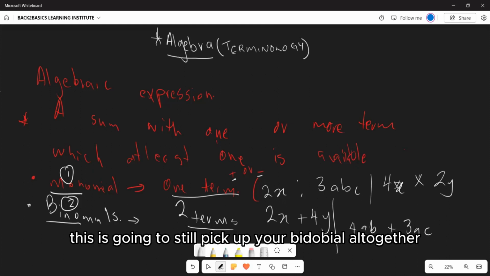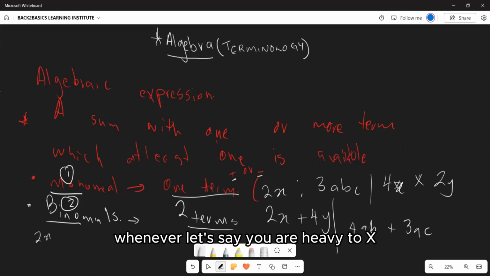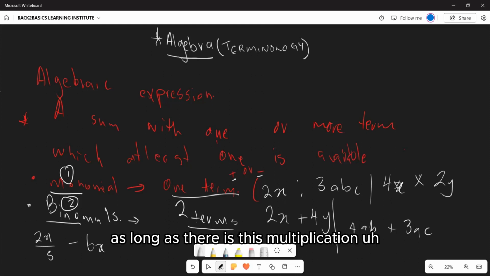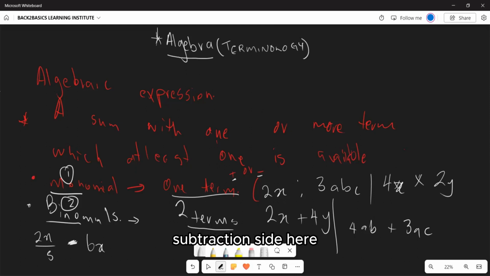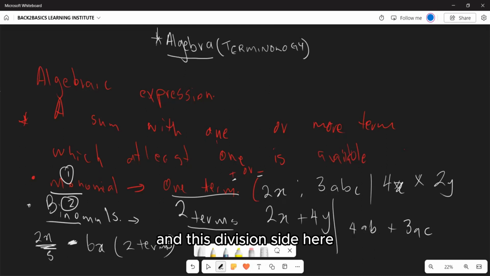This is still going to be a binomial. Or whenever you are having 2x over 5, subtract 6x, as long as there is this subtraction sign here, this is going to be two terms. The division sign here is not considered. So that is as far as binomials are concerned.